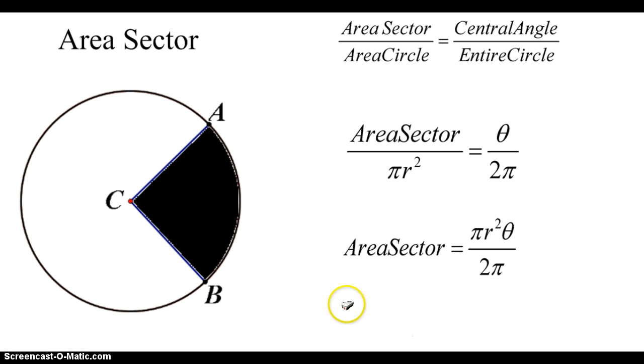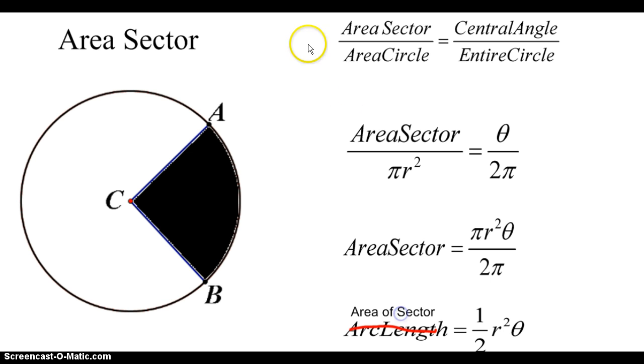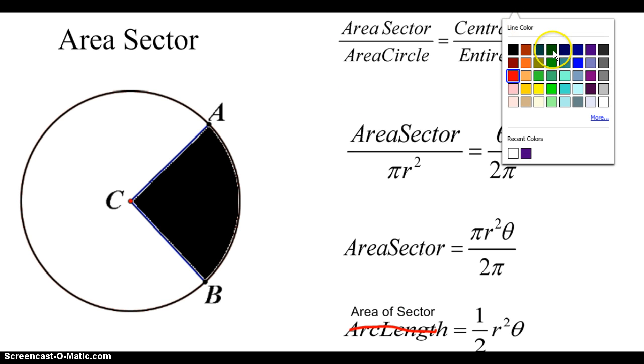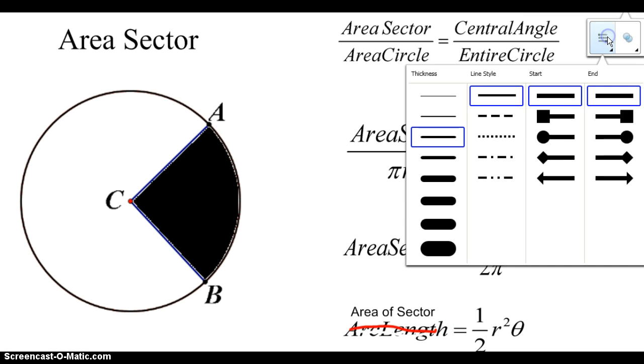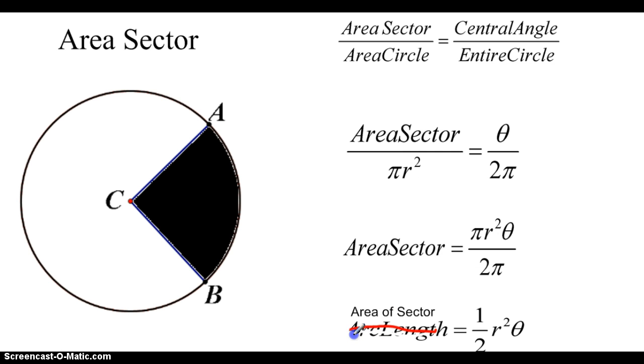This time only our pi's cancel out, so our final formula, which should say area of a sector, so let's fix that, area of a sector, that formula would be 1/2 r squared theta. So our two formulas, again, are giving us our application for our radian measure, which we're going to be using going forward.